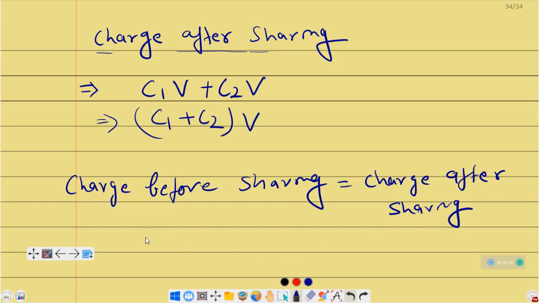What is the charge before sharing? C1 V1 plus C2 V2. And what is the charge after sharing? C1 plus C2 in brackets, times V.